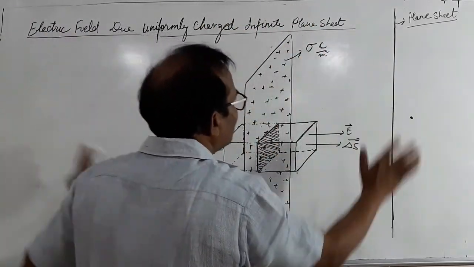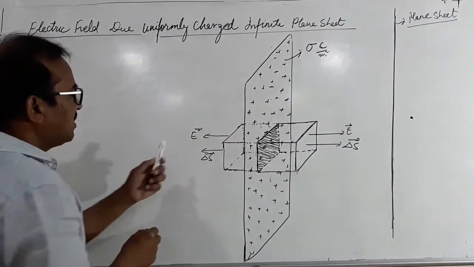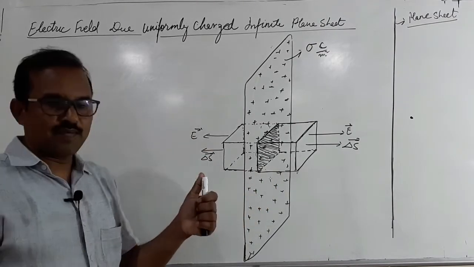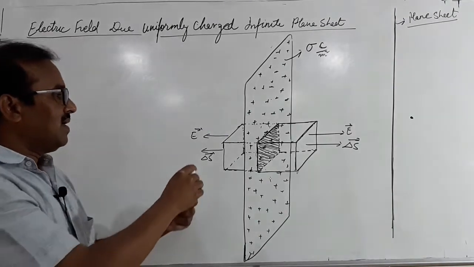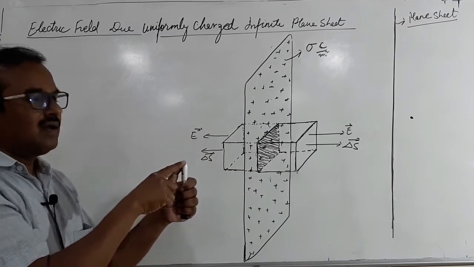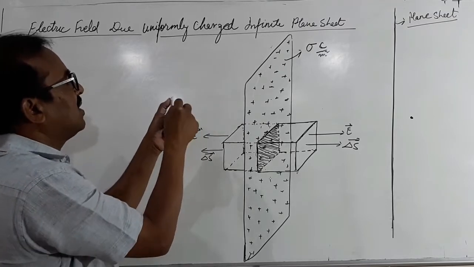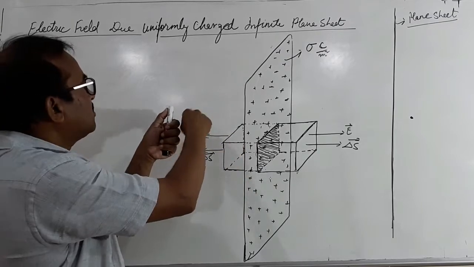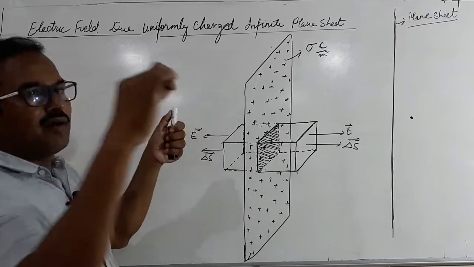You have to find the electric field at this tip of this marker. If the whole board is positive, then the charge will have electric field in the outward direction here.